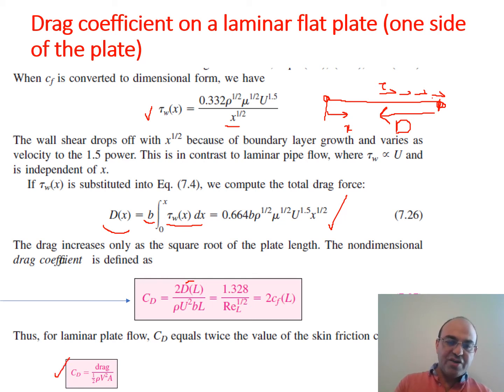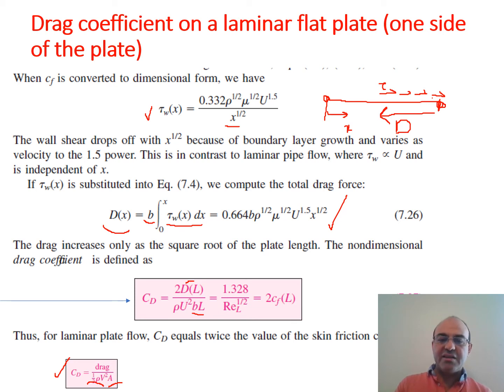So we can go ahead and define a drag coefficient. The drag coefficient CD is simply the drag force divided by 1/2 rho u squared, that's the velocity term, and then the area we are dealing with, which is the area of the plate. The area of the plate is simply bL.